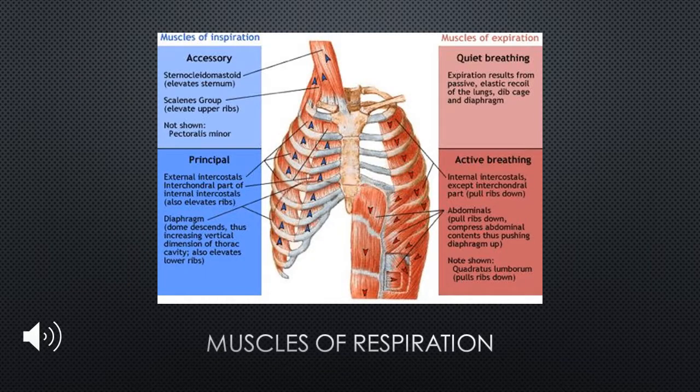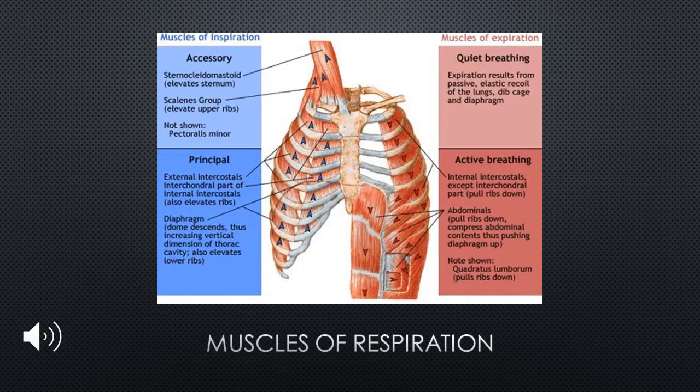So this is just a picture of the muscles of respiration so you can see what I mean when I say accessory muscle usage. But it's also a nice review of all the muscles of respiration. Inhalation is usually an active process, right? The dark blue box shows which muscles are principally used for that. To the top right, the light pink box, expiration under normal circumstances is passive.